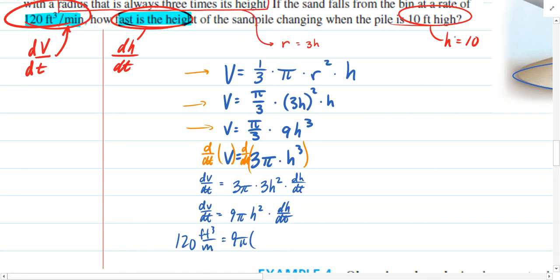We were supplied with the height, 10 feet, squared. What we're looking for is the dh/dt. We don't know dh/dt.